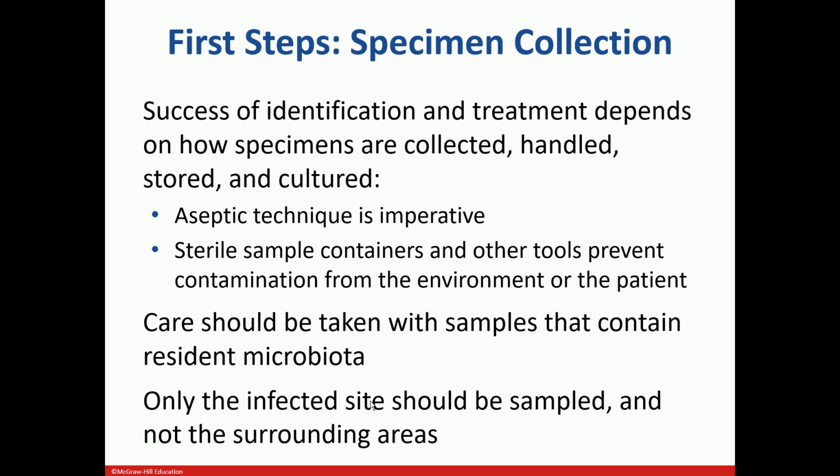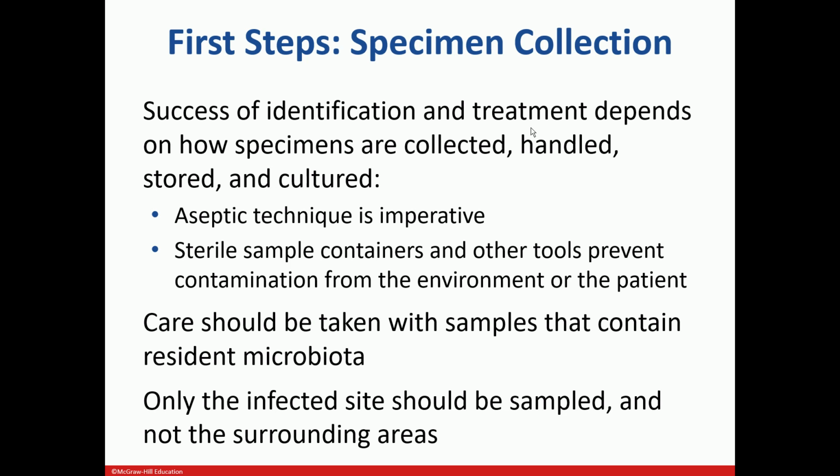Okay, so in this whole step of identification of microorganisms, the first most important step is the specimen collection. The specimen has to be collected in a very good way, because if the specimen is not collected well and it is contaminated, then it is very difficult to identify the bacteria.